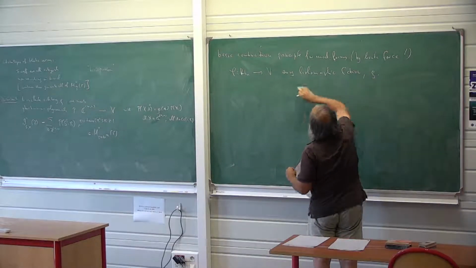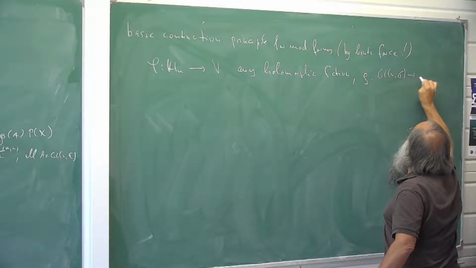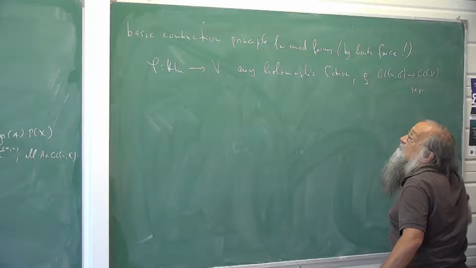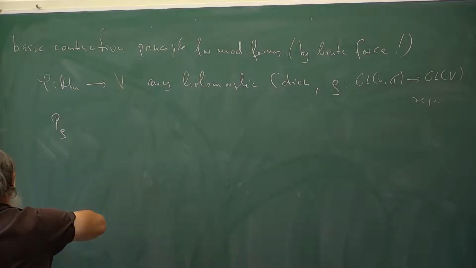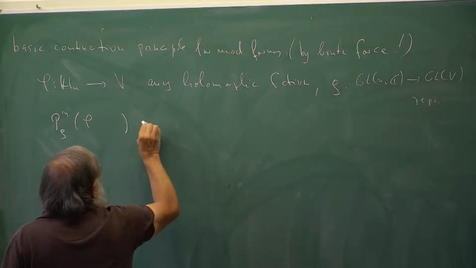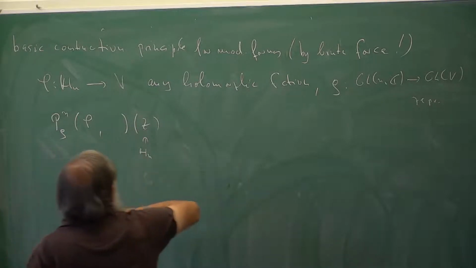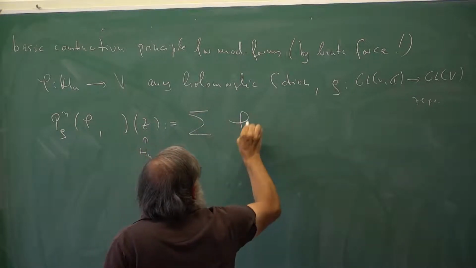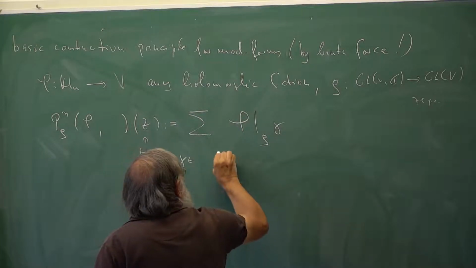Of course, since I go to this representation, rho is again a representation. So, now p_rho,n of phi of z, I leave here some open place, will be just defined by the sum of phi slash rho of gamma over gamma.